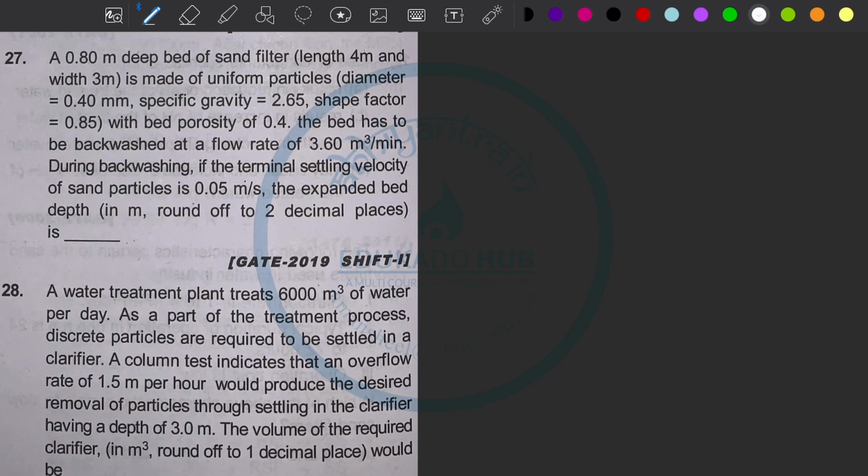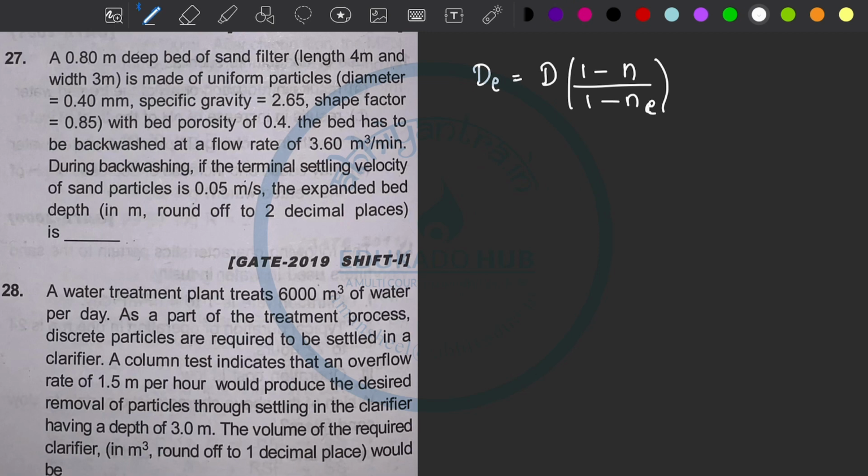When backwashing is done in a filter, the filter depth increases slightly according to the porosity, and that relation is dE, expanded depth, equals the normal depth of the filter D into (1 minus n) upon (1 minus ne), where n is the normal porosity.